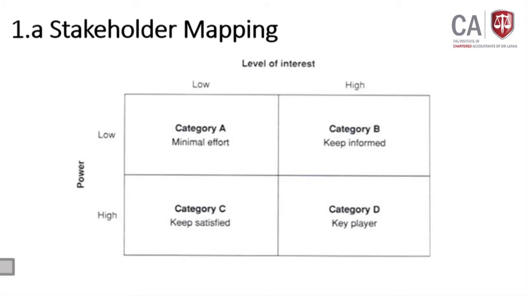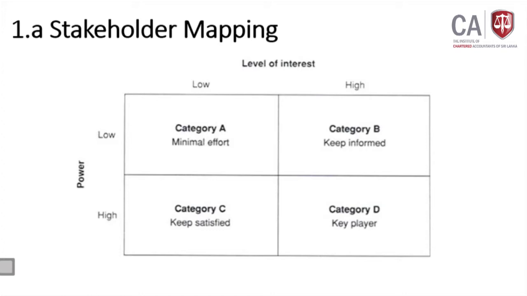In the Mendelow matrix, stakeholders are grouped into four actually, based on two variables. What are those two variables? Level of interest and the power.